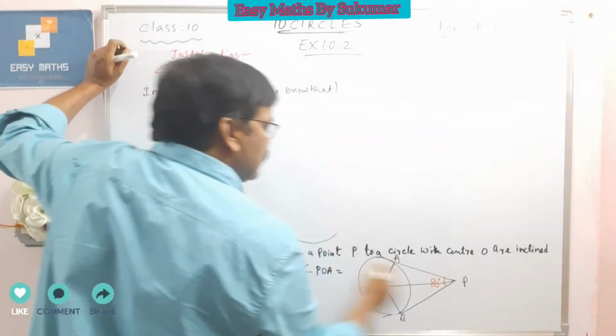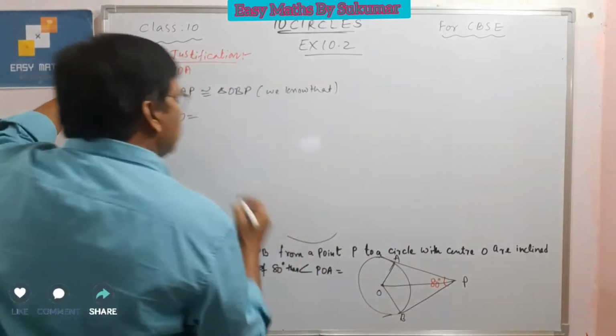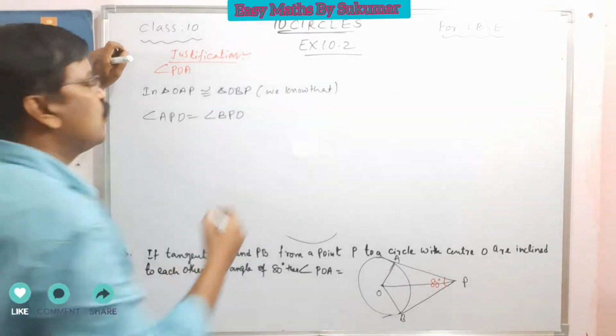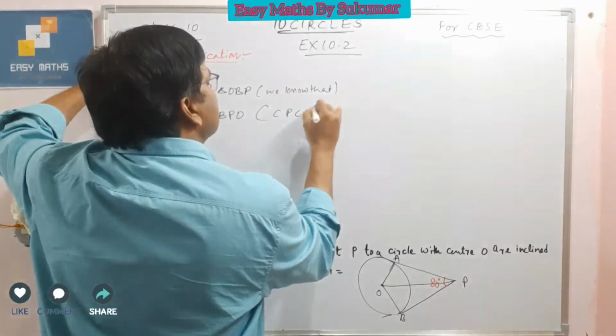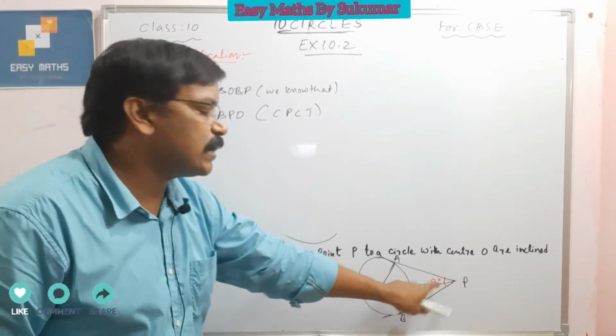And angle APO is equal to angle BPO. Angle APO and angle BPO are equal, since the two triangles are congruent, according to CPCT, these two angles are equal.